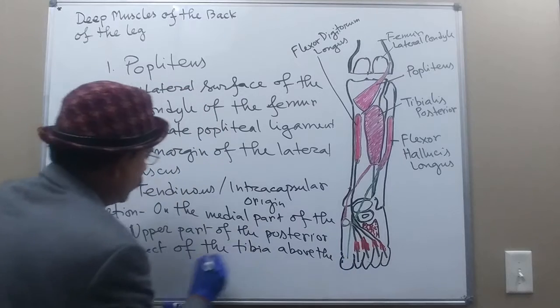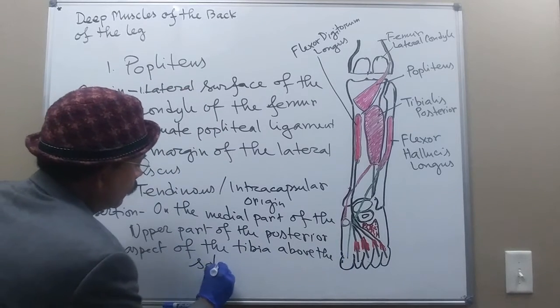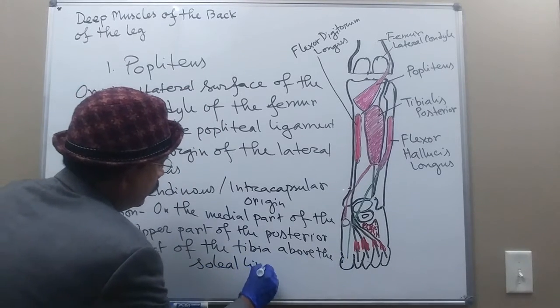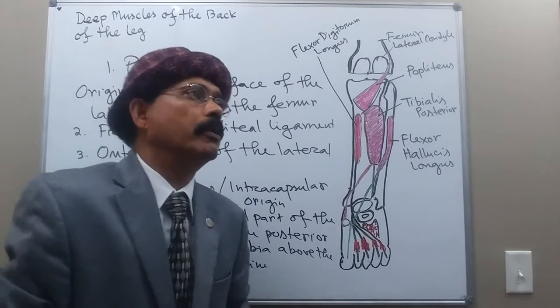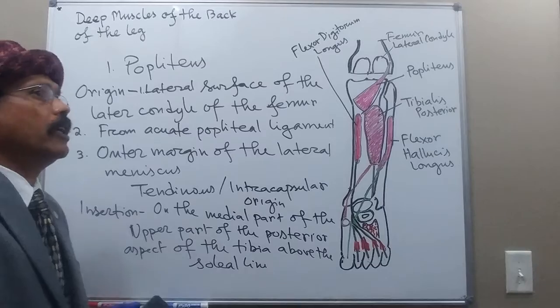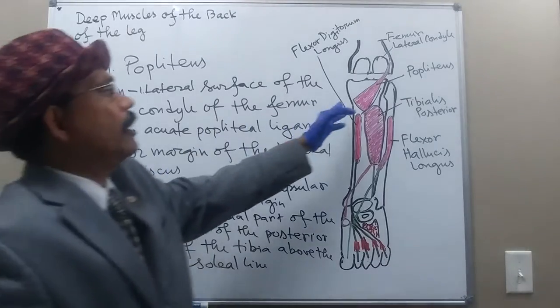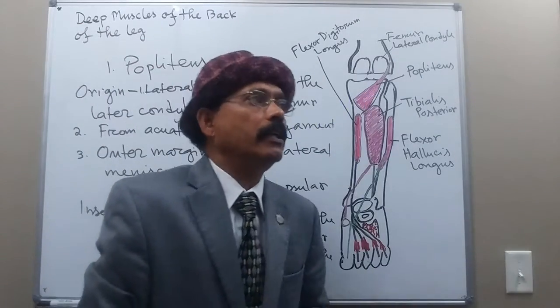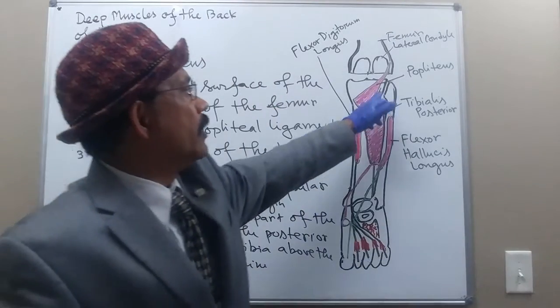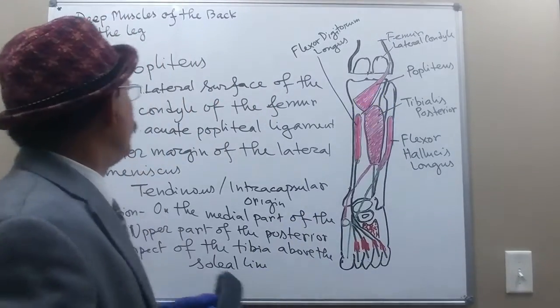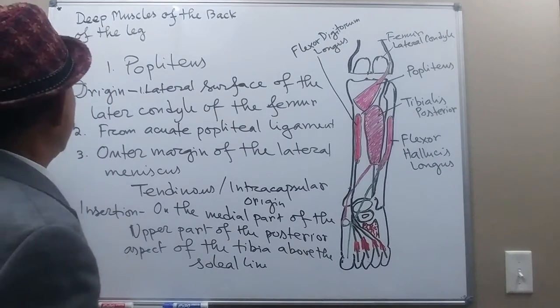You must remember that, above the soleal line. So it is the posterior surface of the tibia into the medial two-thirds of the triangular area above the soleal line. We got the insertion of the Popliteus.